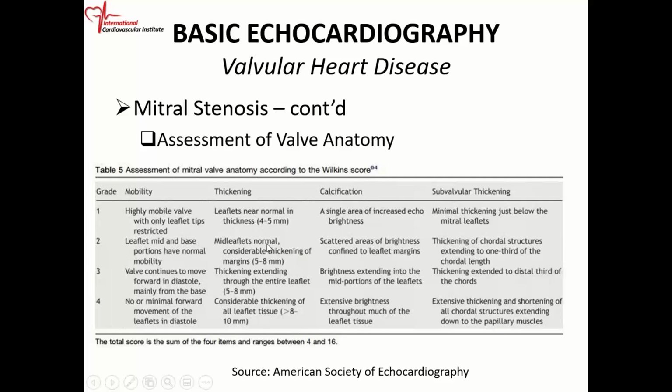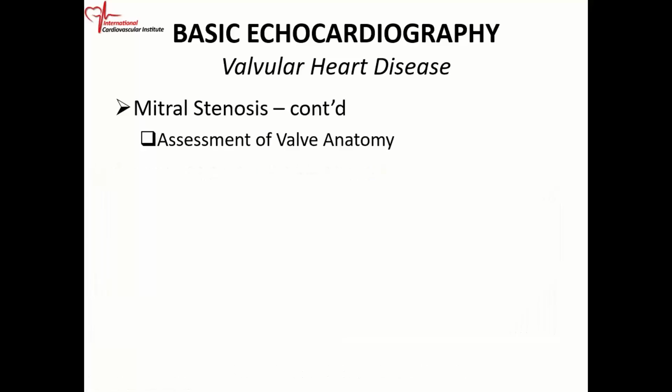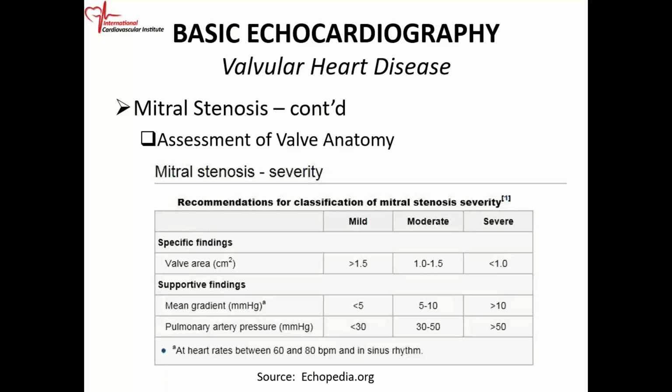So those are additional things that you don't want the patient to have. So the Wilkins score, we usually talk about a score less than 8 being suitable for percutaneous balloon valvuloplasty.